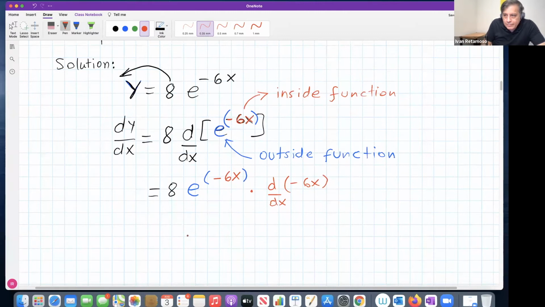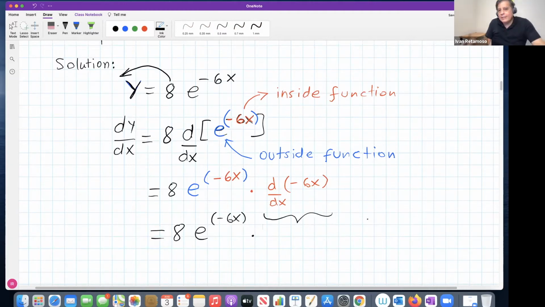Very good. So now this will be equal to what? 8e raised to negative 6x times, anyone could tell me what's this derivative? Derivative of negative 6x? Negative 6. Negative 6, excellent. Very good, Adina, very good. Negative 6, right? Excellent.